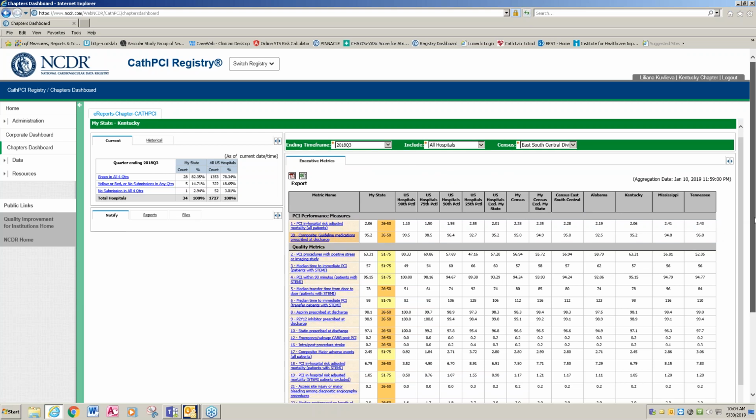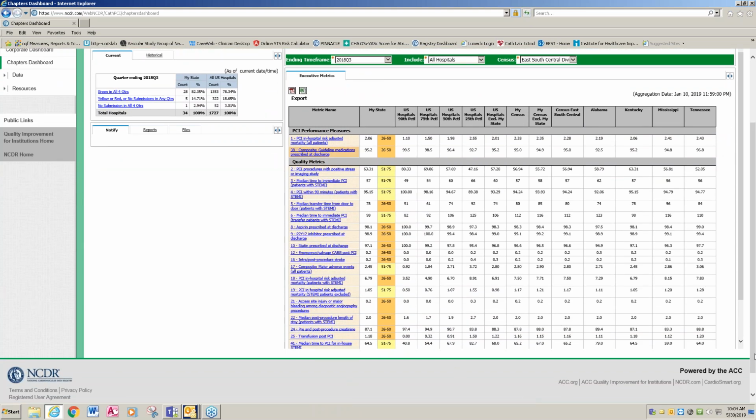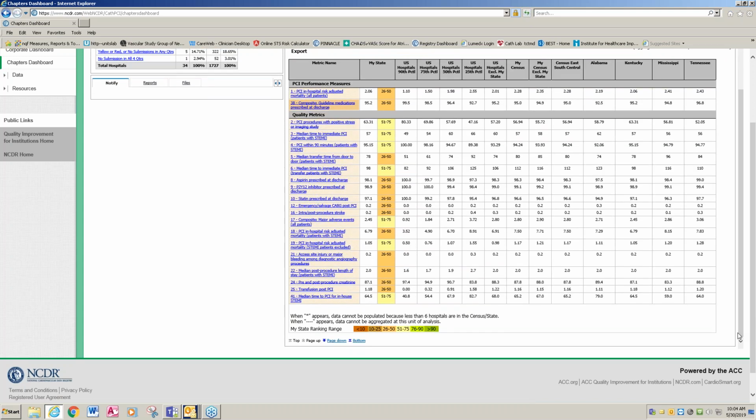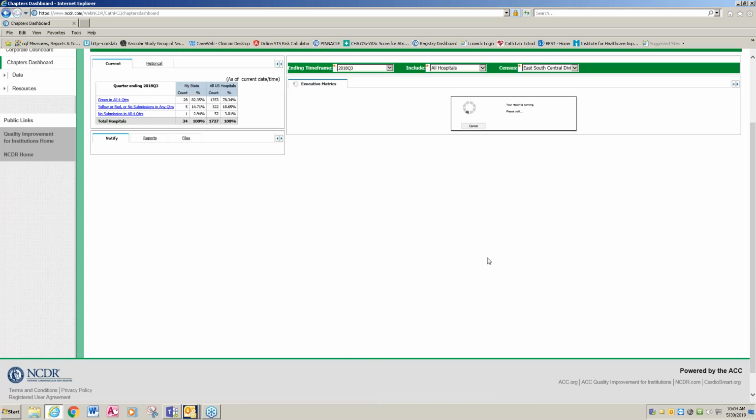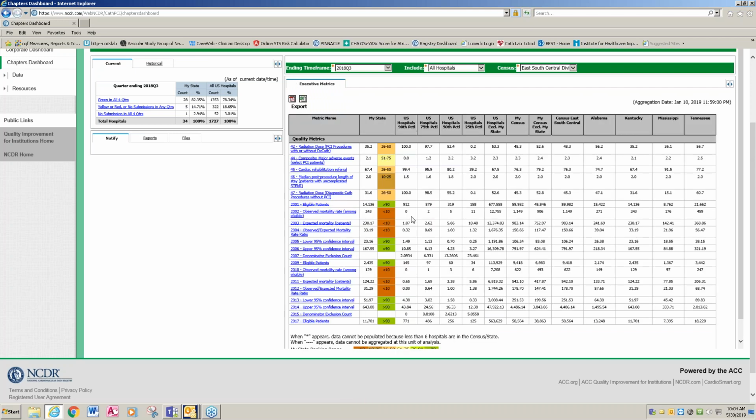And we're gonna look at very few metrics. I just wanted to let you know that ACC included new metrics that we still don't have enough information for. Those are all those metrics in the end of the report.